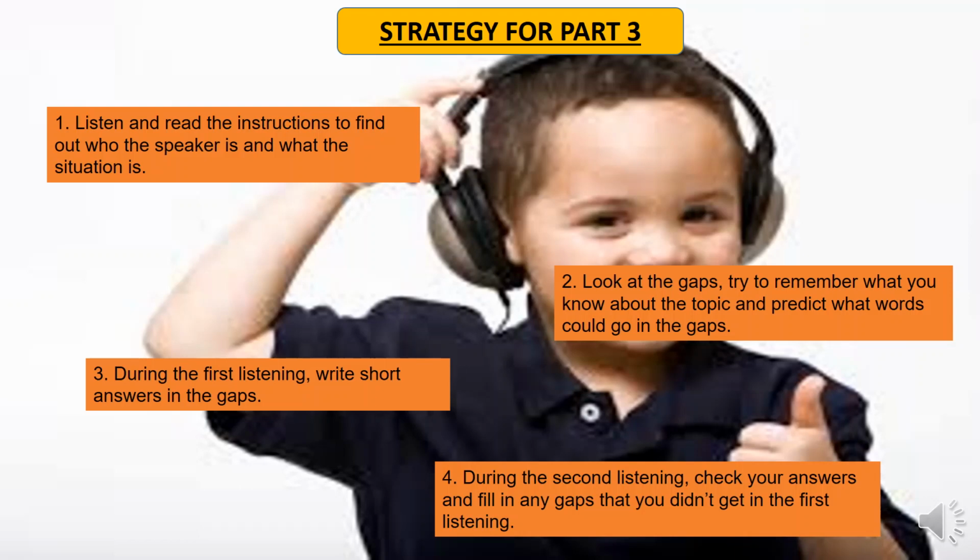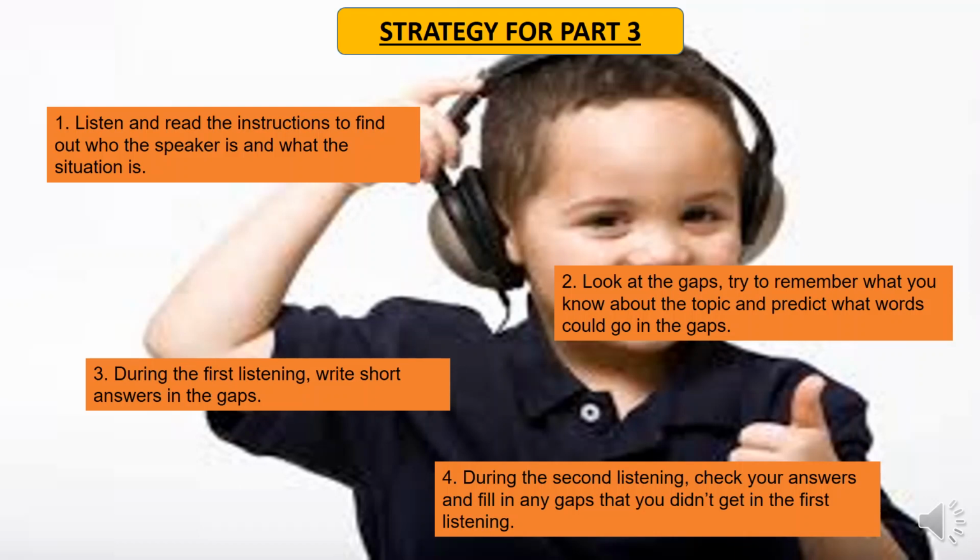Here are some steps that you can follow to complete part 3 of the listening paper successfully. Let's see what those are. Listen and read the instructions to find out who the speaker is and what the situation is. So always pay attention to the audio, to the recording, and try to find out the answer of the question that is being asked to you.